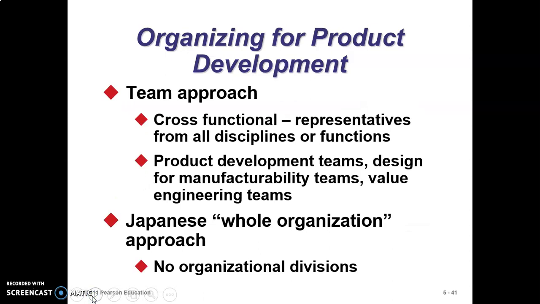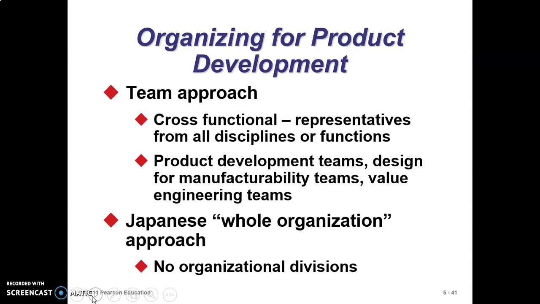Okay, the next one, team approach. And normally mega companies or giant companies will practice this. The team approach is based on a team. They have a special team for the development of the product.